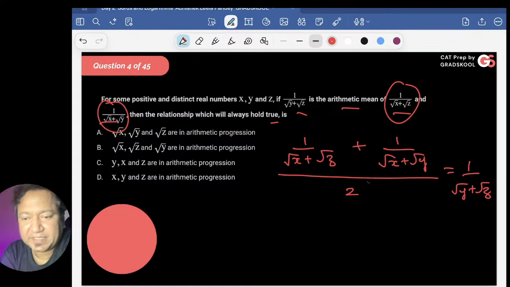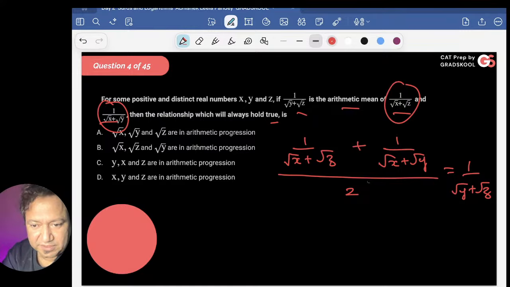Mahi says B. Okay, Mahi. Maybe. Arithro says Y, X, and Z are enabling.